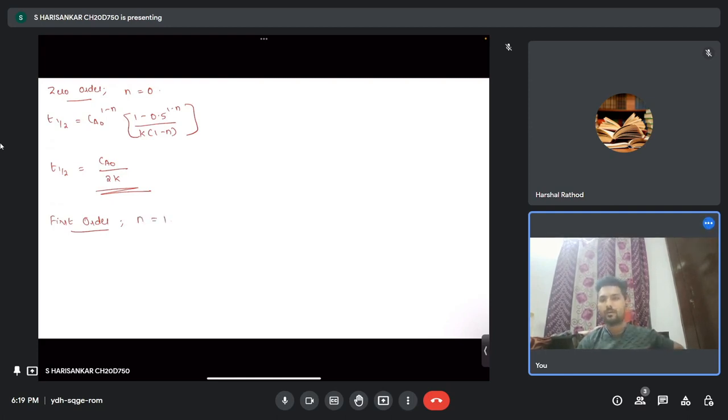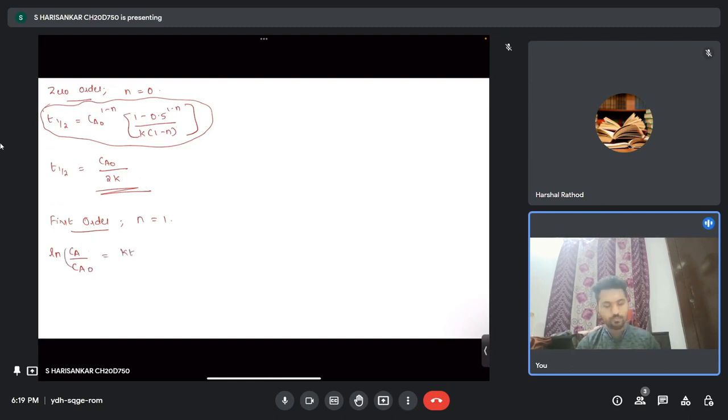In all these exponential terms in the general equation, we see that it is 1 minus n, and if we substitute n as 1, it will be 1 minus 1, that will be 0, and this equation will not make sense. So for first order reaction, we have to take the general equation for first order reaction. The general equation is basically ln Ca by Ca0 is equal to kt.